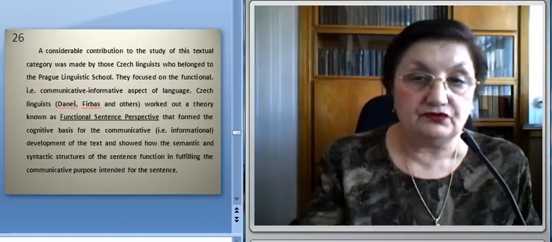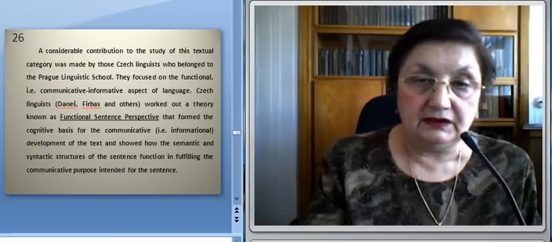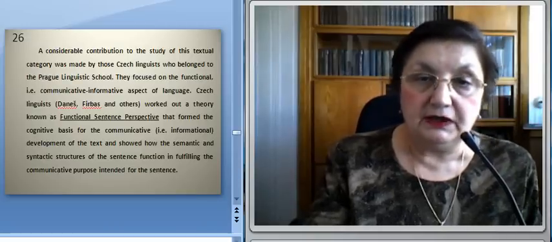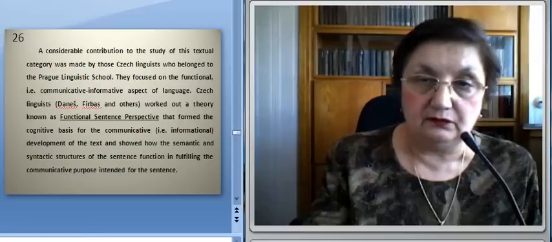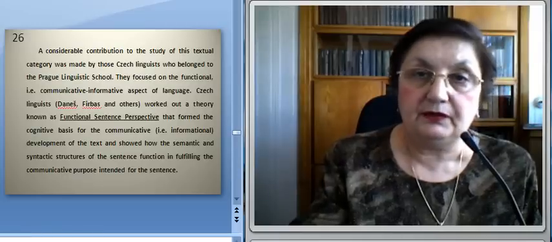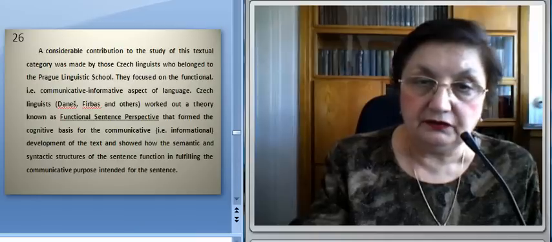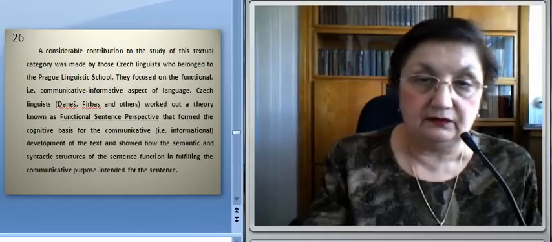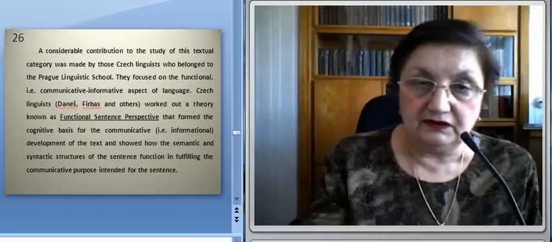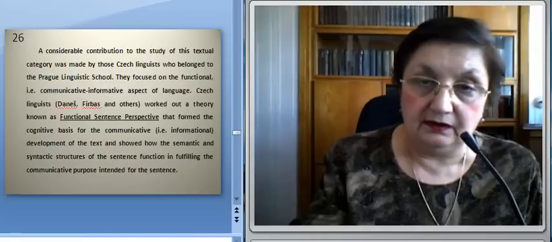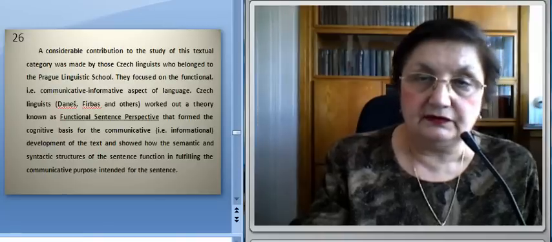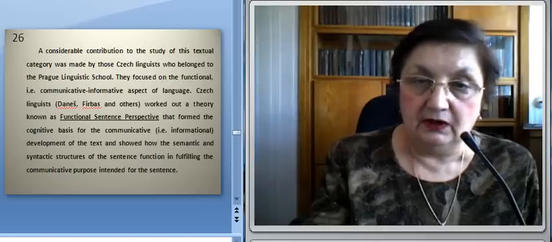Czech linguists Daneš, Firbas and others worked out a theory known as functional sentence perspective that formed the cognitive basis for the communicative, that's informational, development of the text, and showed how the semantic and syntactic structures of the sentence function in fulfilling the communicative purpose intended for the sentence.